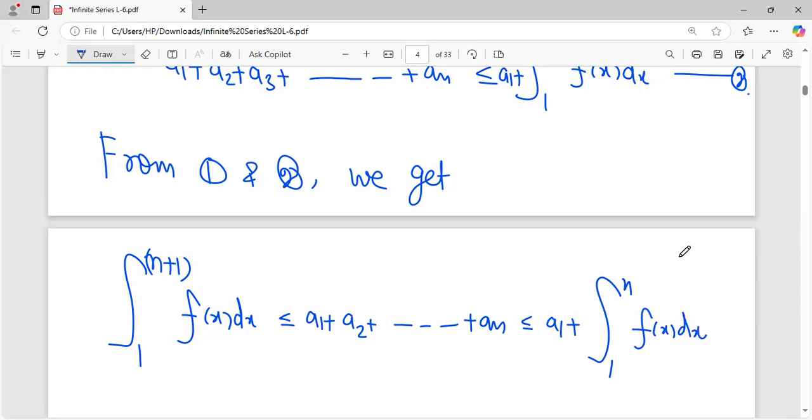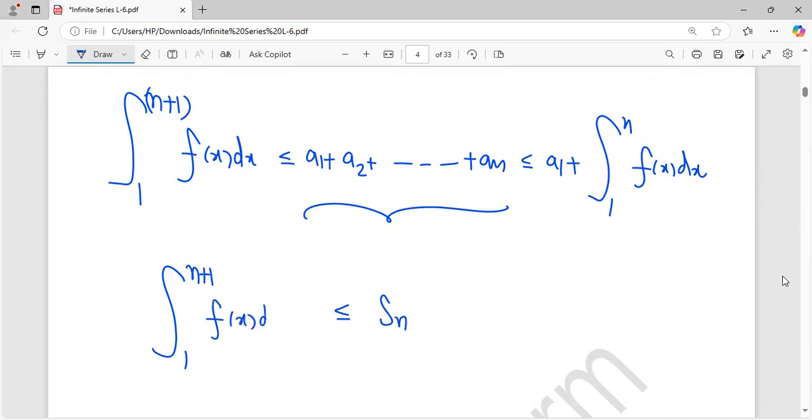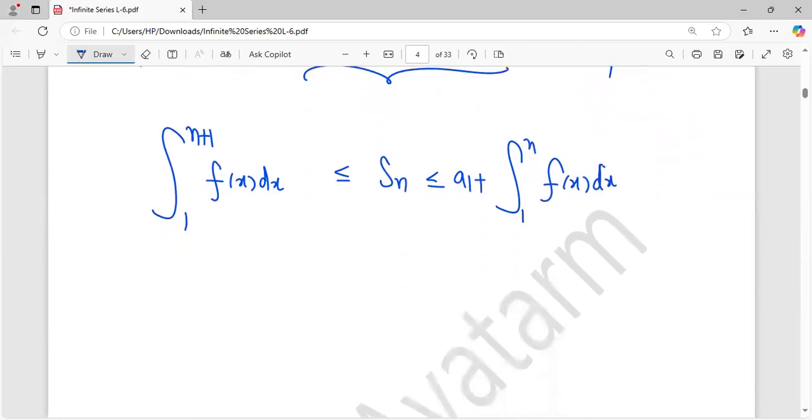Now, what is this? This is S_n, the partial sum of the series, and that is a1 plus the integral of f(x) dx. So this is my equation 3.